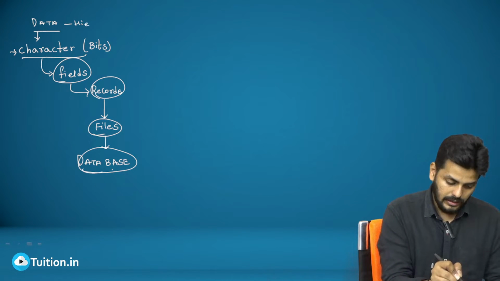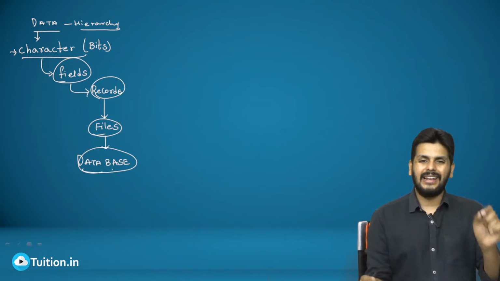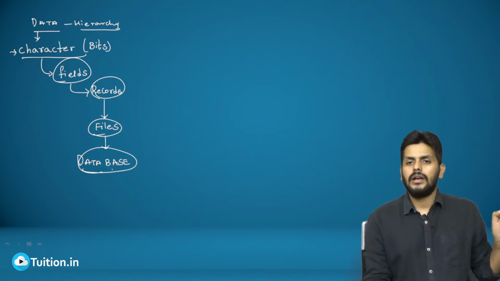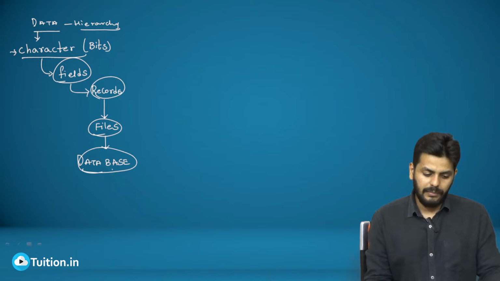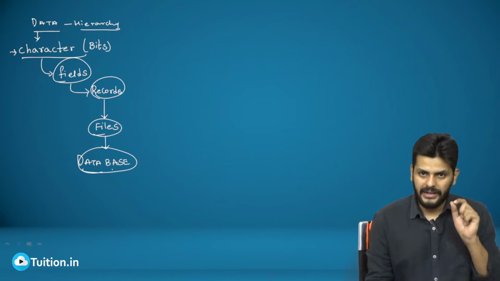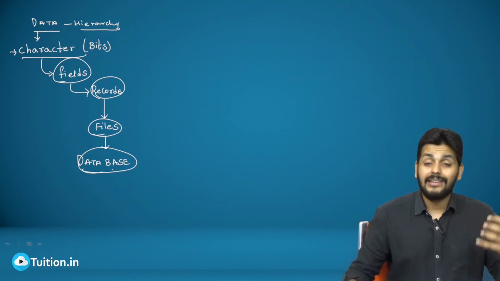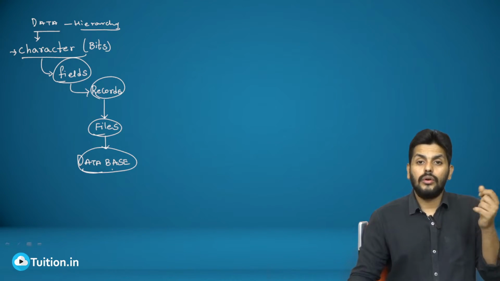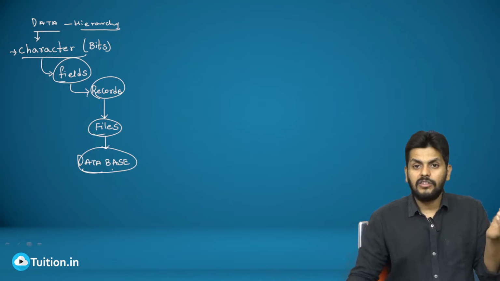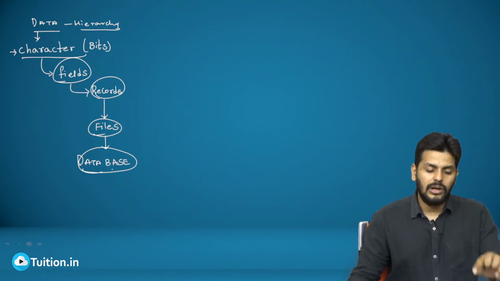Data hierarchy. When you say data hierarchy, the lowest part of the data that you can pick up is called a bit. Each binary digit is called a bit, right? So that's what it is all about. It is called a character. So every bit, now you know that 8 bits make 1 byte, right? So every bit is called a character.